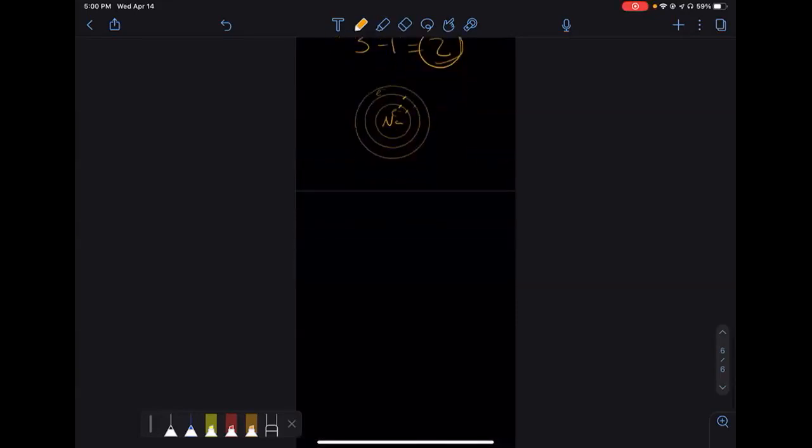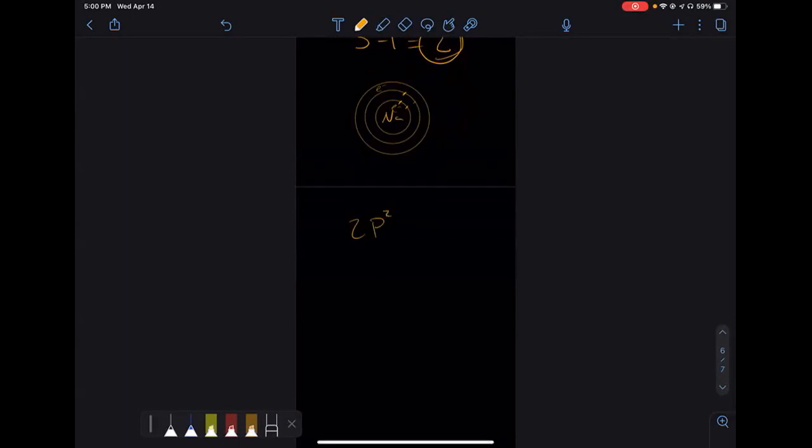So if I'm looking at carbon, I'm going to have a 2p, yeah, carbon's 2p2. So what that means is this is equal to your L value. And your L values are: S is equal to 0, P is equal to 1, D is equal to 2, and F is equal to 3. So L is equal to the number of planar nodes.